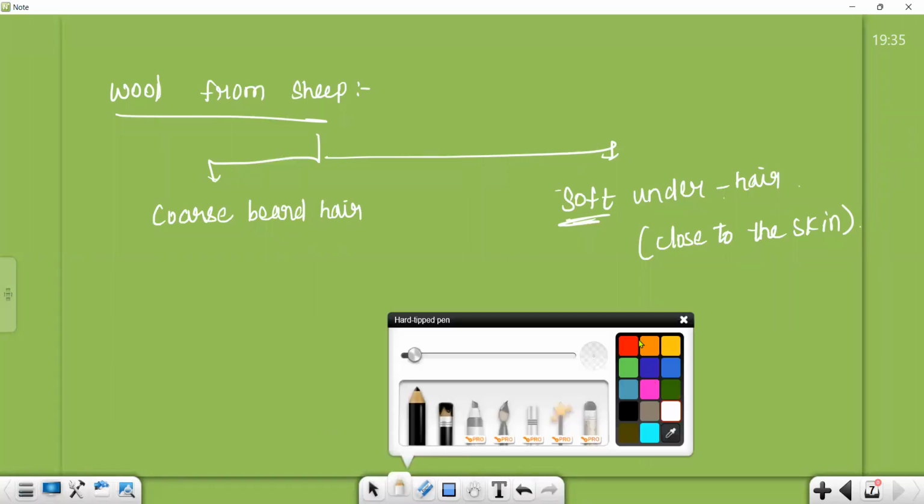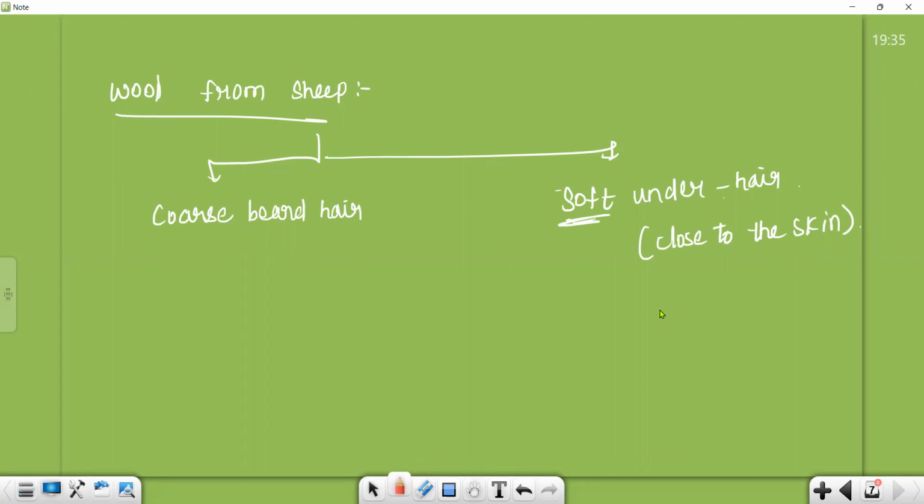Then the finest wool is obtained from the Angora goat and from Merino, a breed of sheep from Spain.